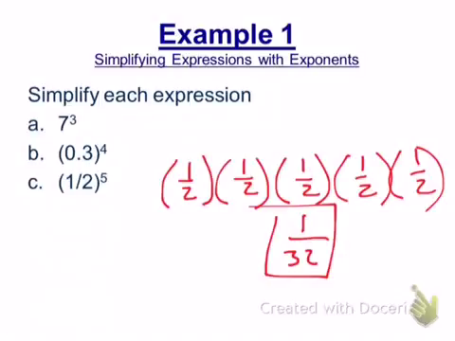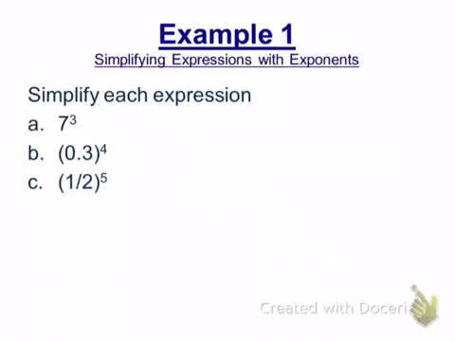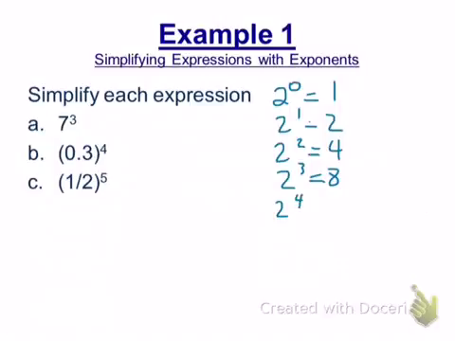Here's something you should know, guys, and I want to come over to the side here. You should know the powers of 2 up through 10. You should know those pretty readily. You're just doubling it every time, right? 2 to the sixth is 64.